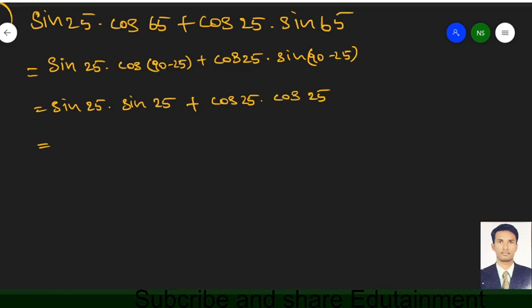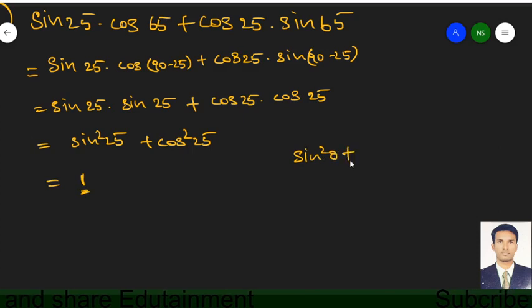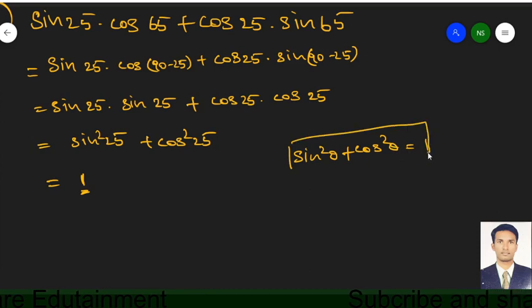So we'll get here sine square 25 plus cos square 25, which is equal to 1, based on sine square theta plus cos square theta, which is equal to 1. Let's move to the next question.